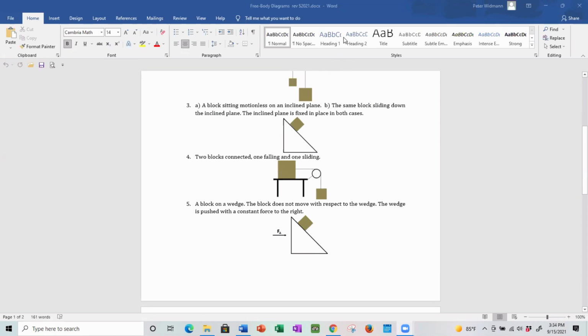Okay, we have a block sitting on an inclined plane. That's part A. Let's do part A. Matthew, this is the mass M of the block. It's sitting here, it's not moving. So draw a free body diagram for it.